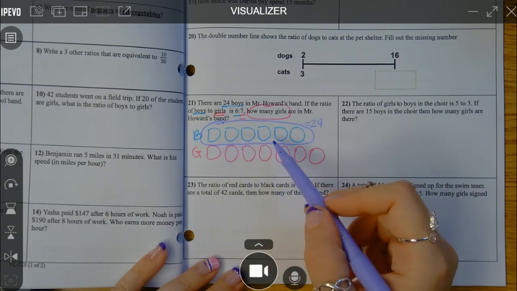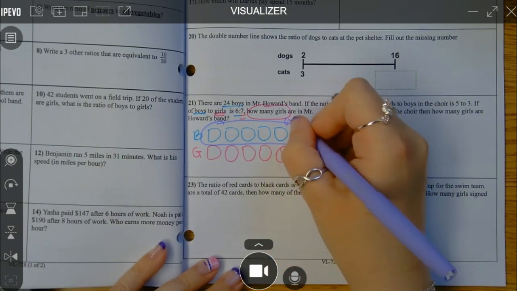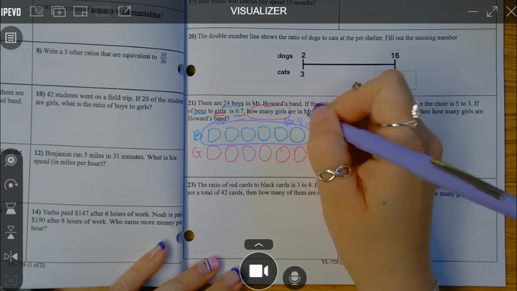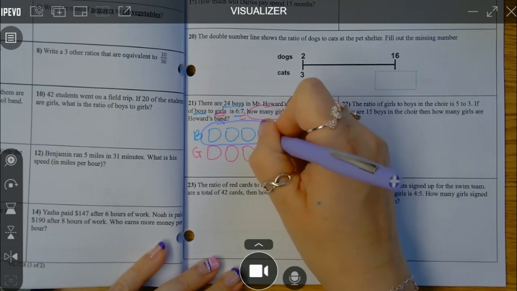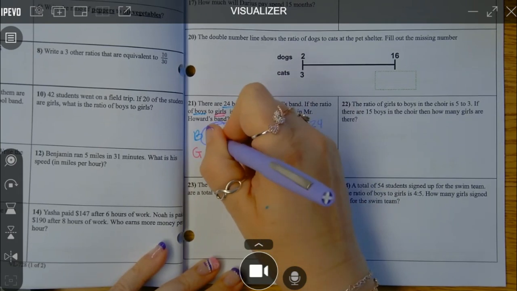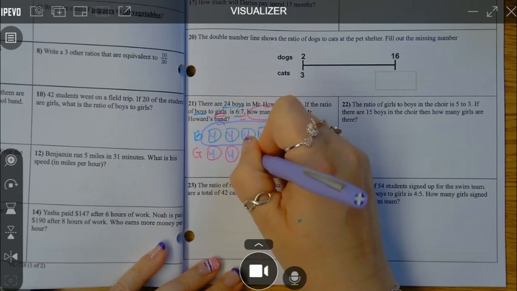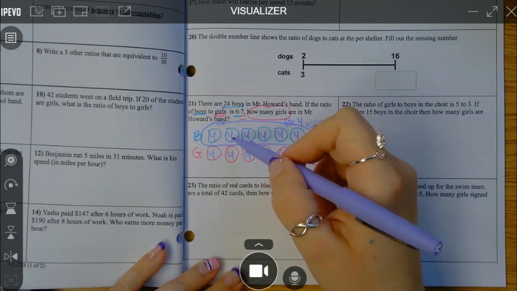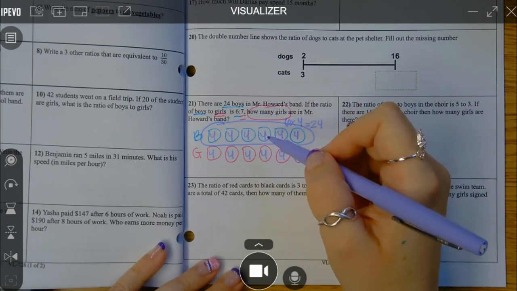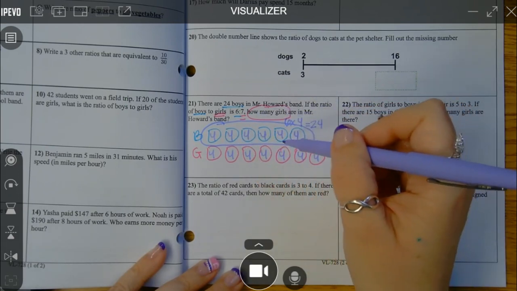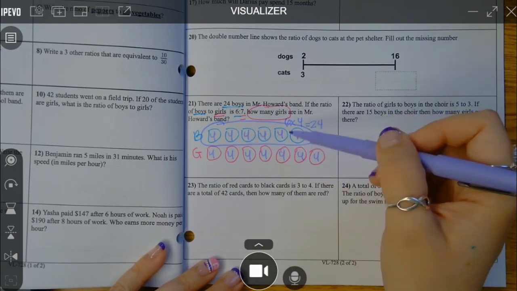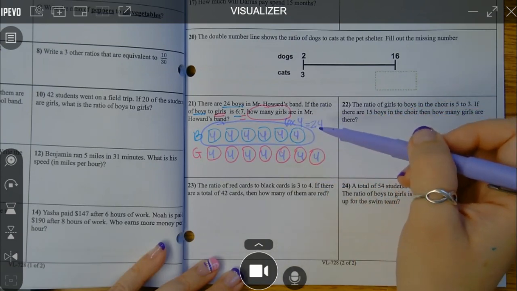There are 6 boxes, so 6 times what gives me 24? 4. That means each box has a value of 4, which means all of these have a value of 4 as well, right? You could count 4, 8, 12, 16, 20, 24, but I don't like counting by fours. I would have just done 6 times what is 24? 4.